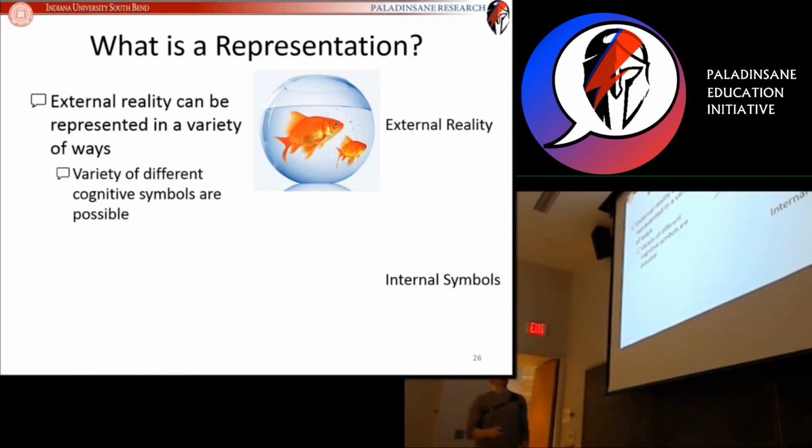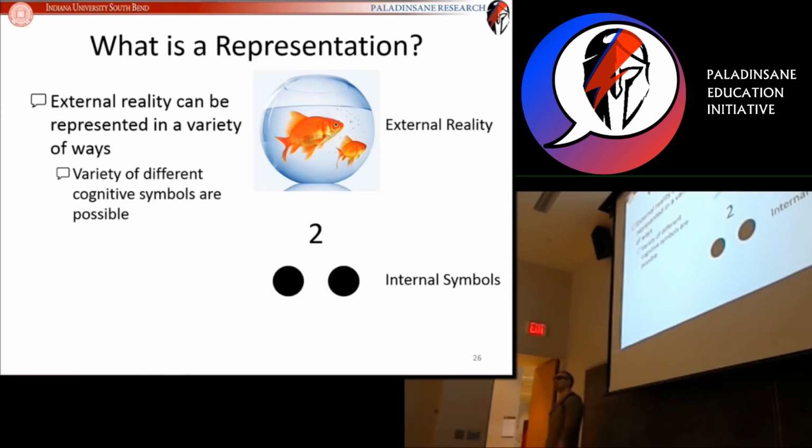Well, there's a variety of different internal symbols that can get that job done. So we have the numerical two, right? Maybe this is the representation that your mind is using to stand in for this. Maybe this is your internal symbol that refers to that. Or maybe this is your internal symbol. Maybe two dots is how your mind represents the idea of there being two of something. Or maybe this is your mind's internal symbol.